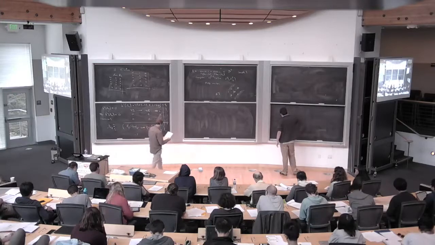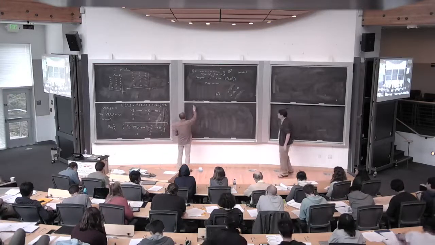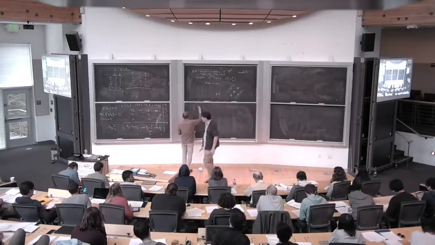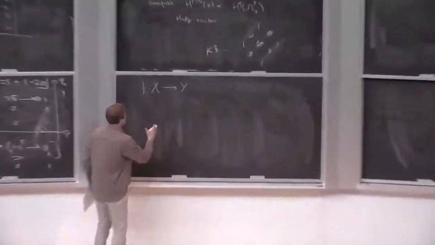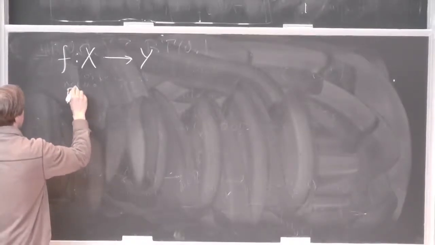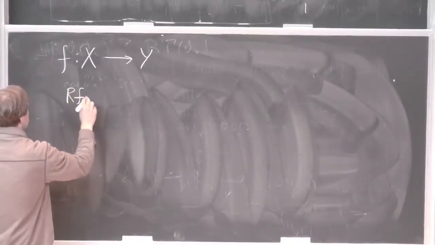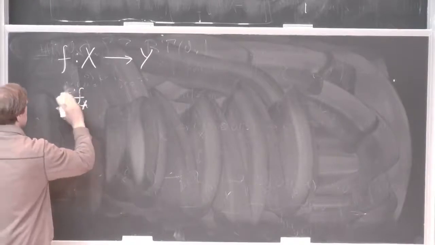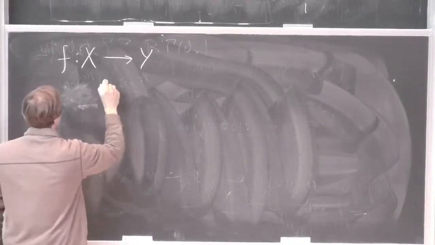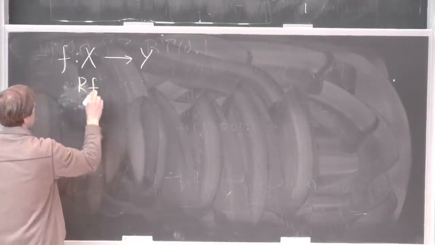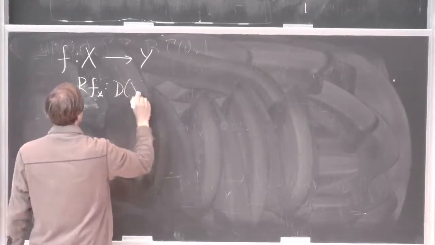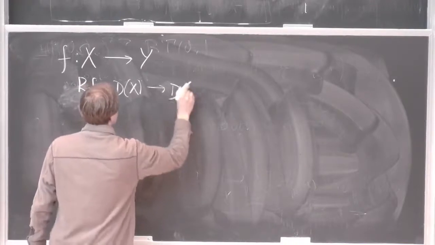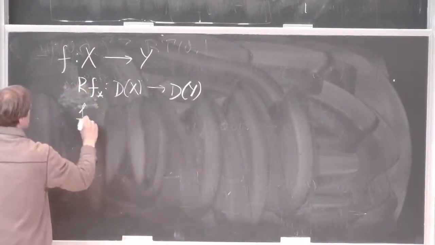So let me return to this situation where we have a homomorphism, and the corresponding local version of adjunction for f. We have the corresponding push forward functor, and we have the right adjoint to it, which we constructed.